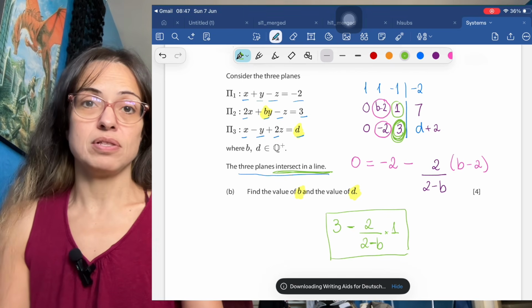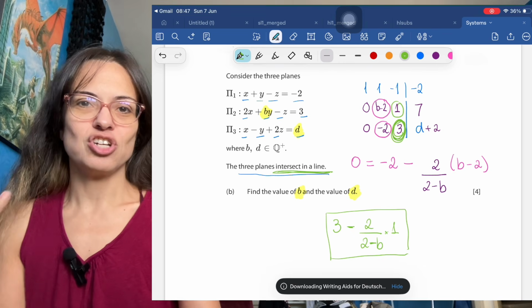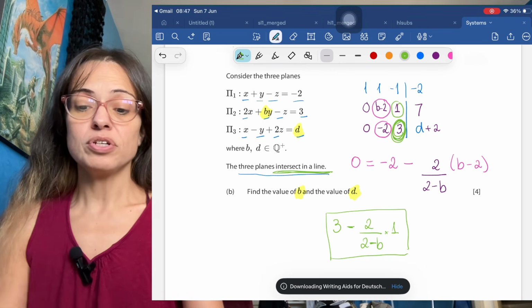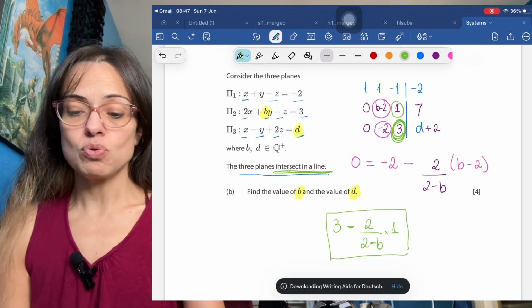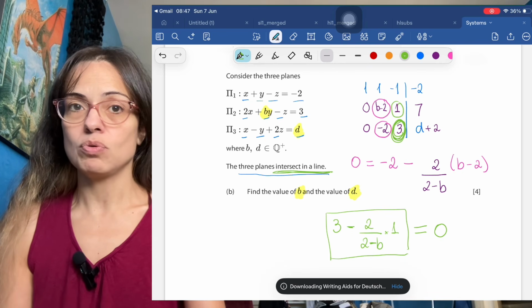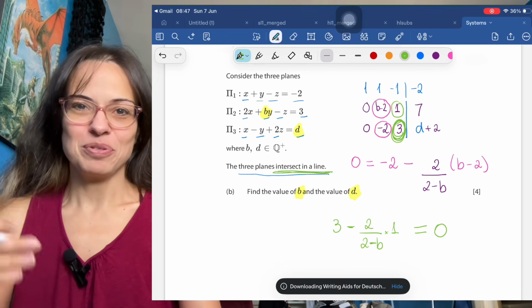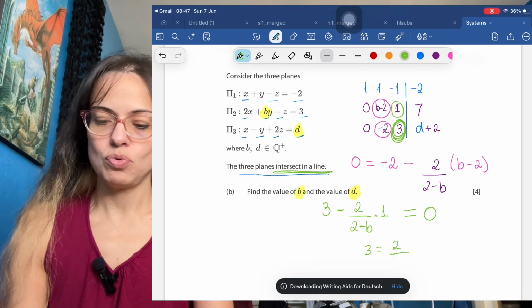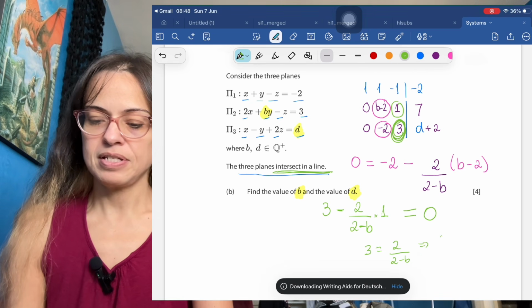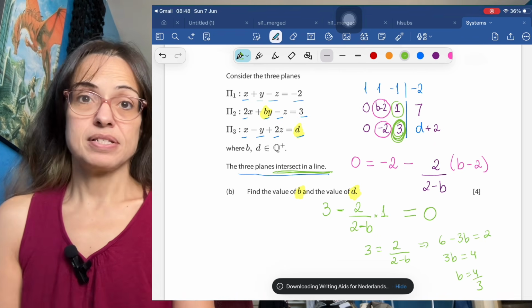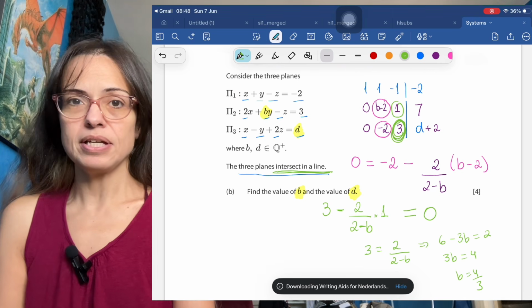I want this to be the special case, not the generic case where there is one solution, which is one point. So in order for that to happen, it has to be that this turns out to unintentionally also be 0. Well, in this case, it was done intentionally, but you know what I meant. So yeah, 3 equals 2 over 2 minus b, and then 6 minus 3b is 2, 3b is 4, and b is 4/3.